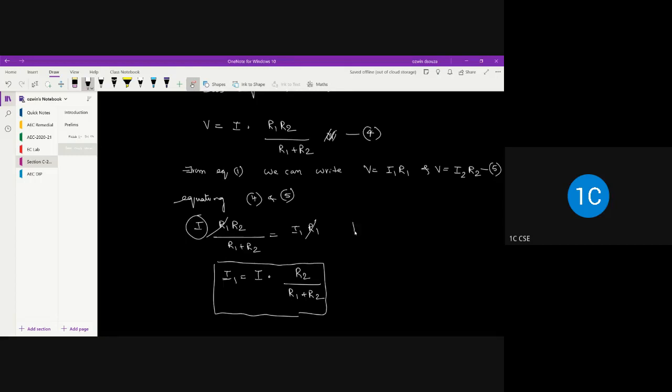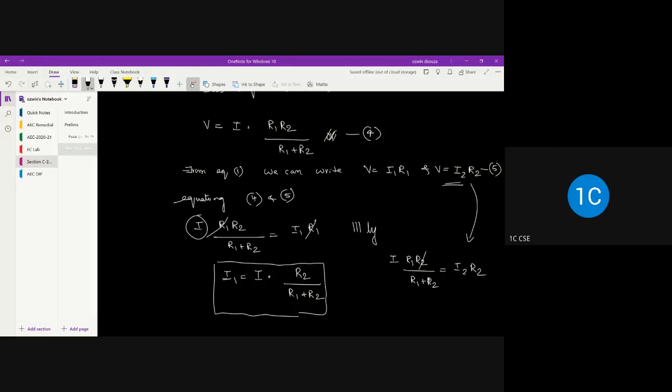Similarly, in place of V, for this particular equation, on the left hand side you can write I into R1 R2 divided by R1 plus R2 equal to the right hand side term, which is I2 into R2.